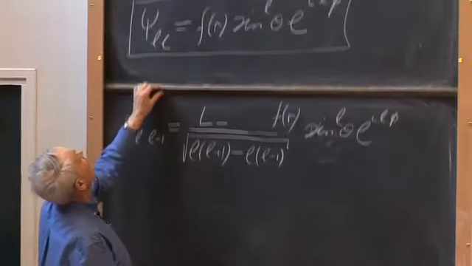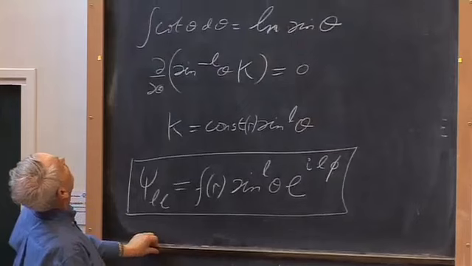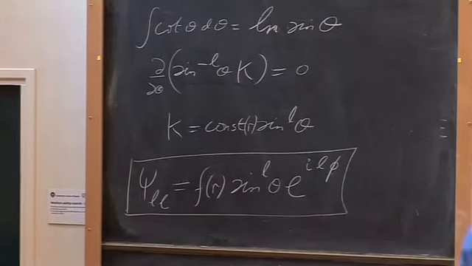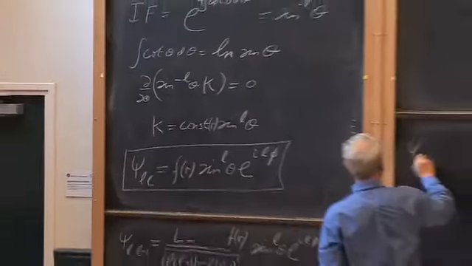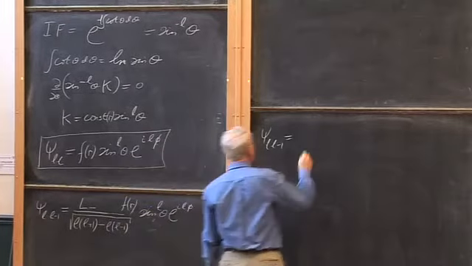No, maybe we do it on the next board because we want to be able to see. We want to be able to see those magic formulae, right? There they are. This tells me that psi LL minus 1 is equal to, I think this is just a square root of 2L.